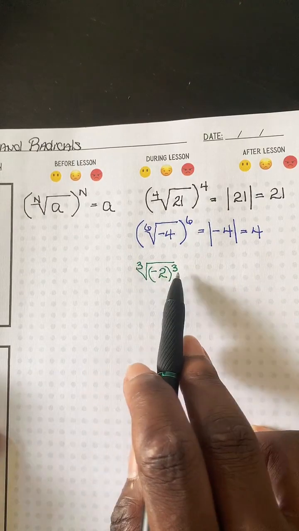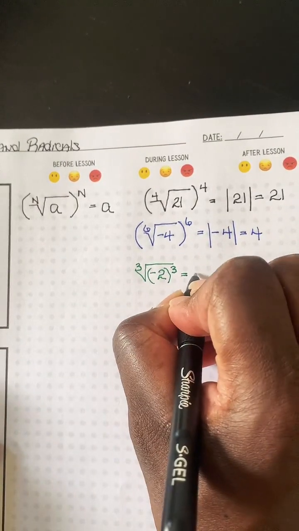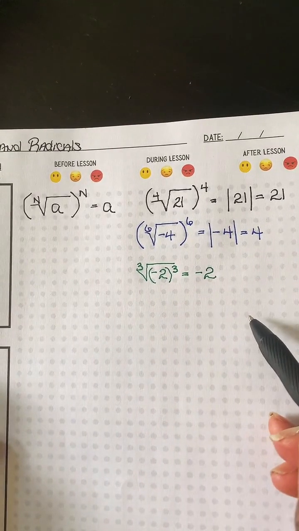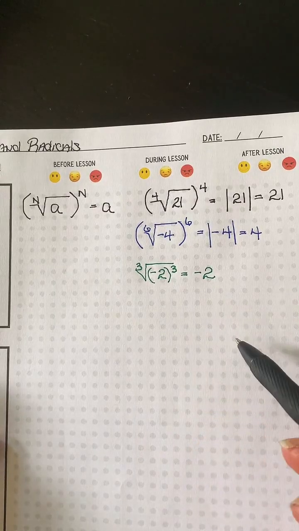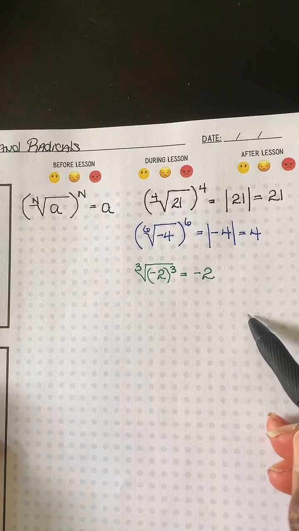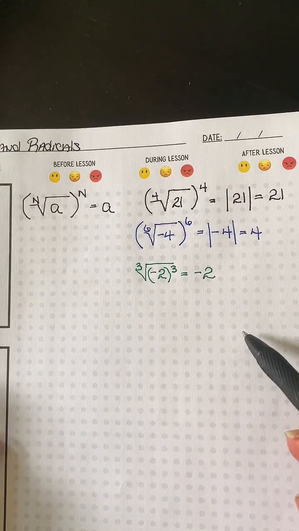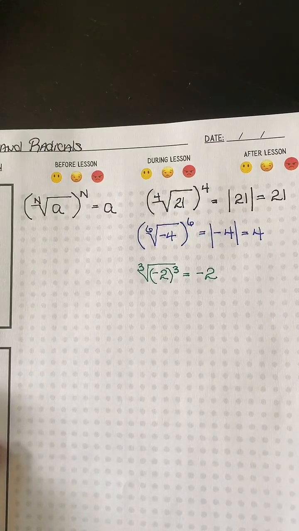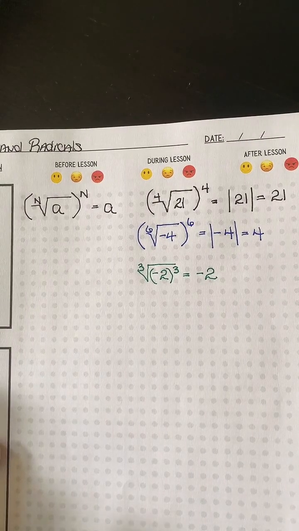But since this is an odd root, I can go ahead and get a -2. Because when you're dealing with odd numbers, the sign doesn't fluctuate as much as an even root. Okay.